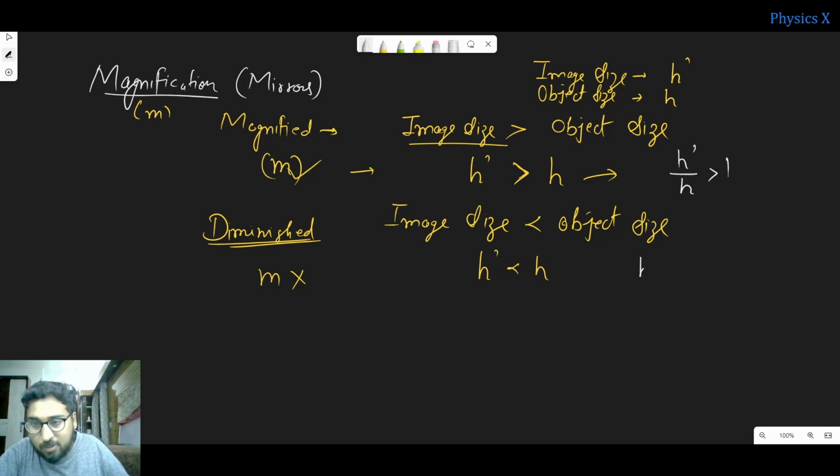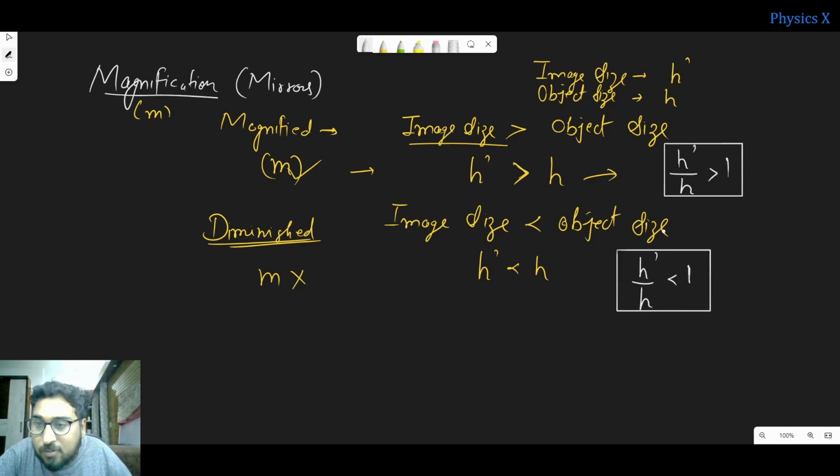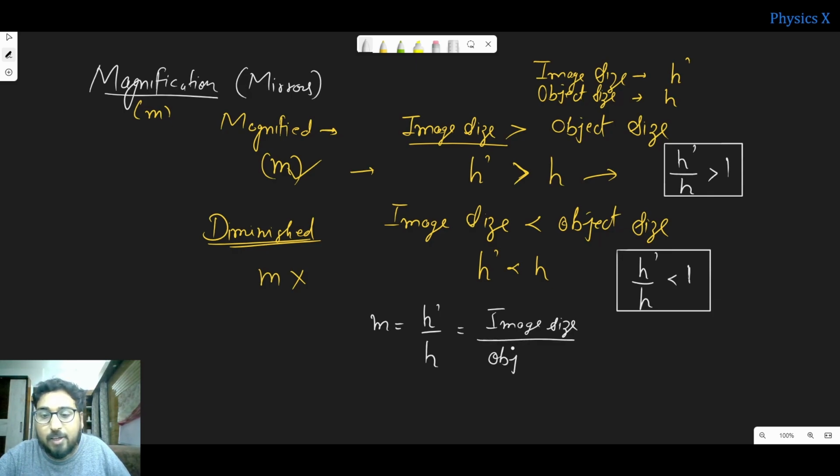If I do the same thing here, you can say h dash by h is less than 1. So the ratio of h dash and h, that is image size and object size, is greater than 1 or less than 1. Then we are defining magnification. So we termed magnification as h dash by h. Magnification is nothing but the ratio of image size upon object size.